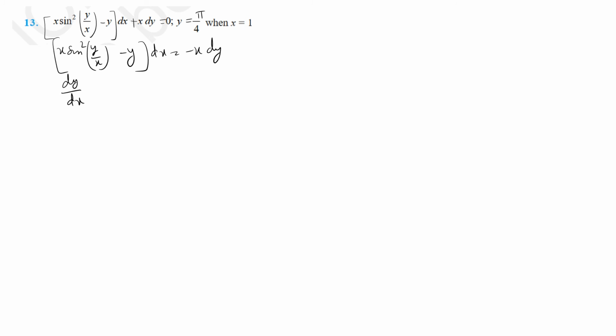So dy upon dx will give you x sine square y upon x minus y upon minus x. This negative sign can be adjusted by simply flipping the terms.